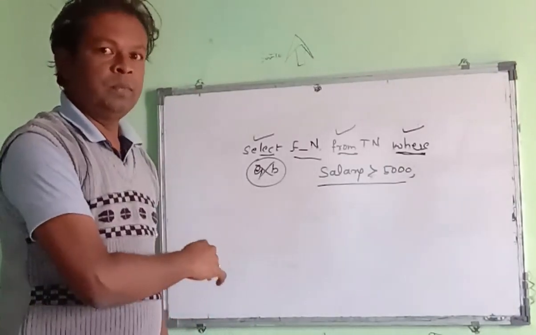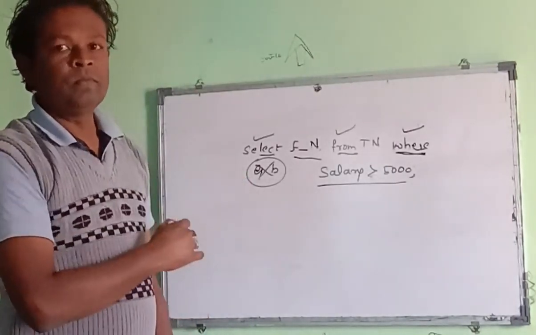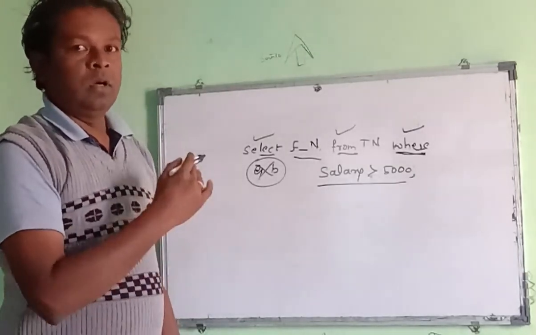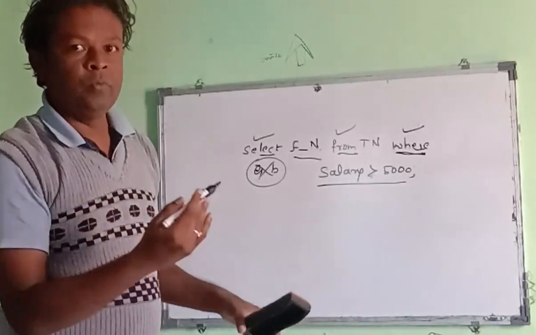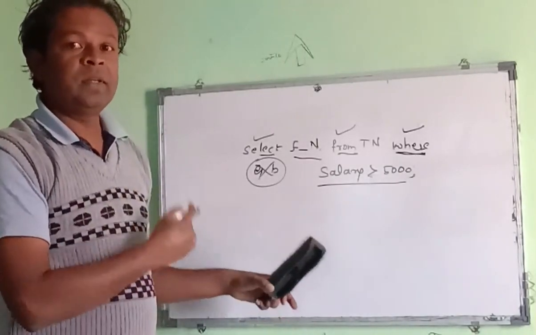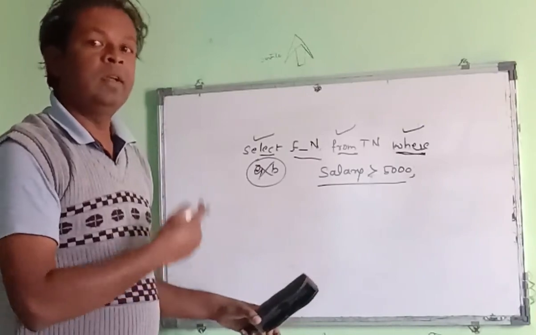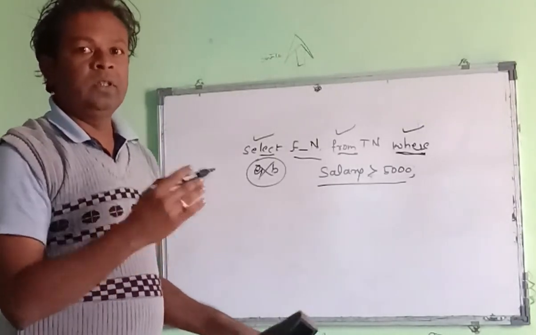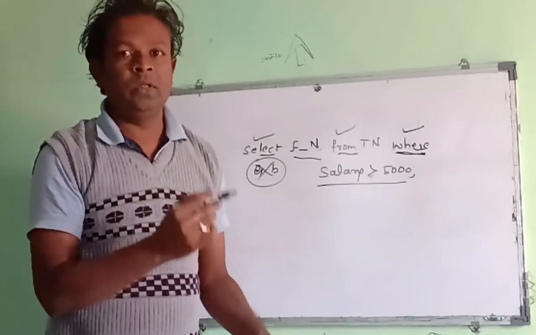First you know this properly, then only you can write any type of queries in SQL. After select, from will come; after from, the where clause; after where, group by; after group by, having; after having, order by. Whichever you require in writing a query you can use.